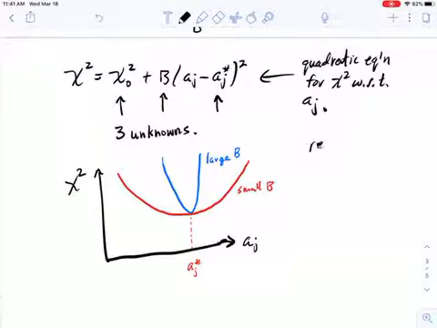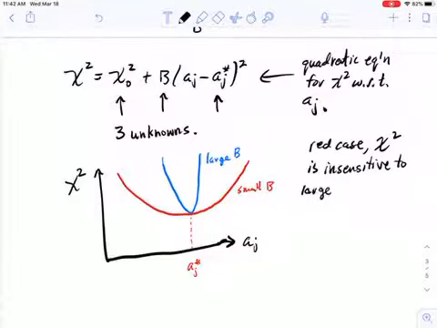So in the red case, chi-squared is insensitive to large variations in aj star. That means if our minimization doesn't change much when we vary the parameter, that parameter has a large uncertainty.